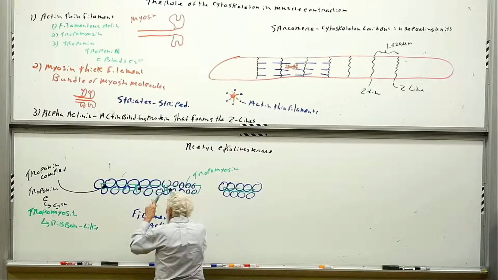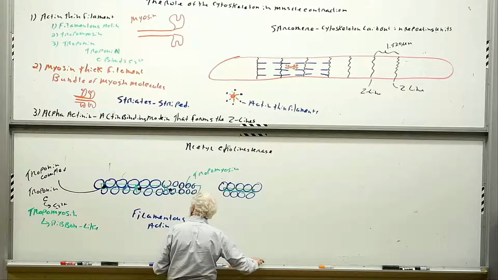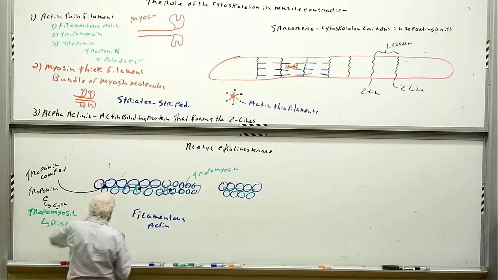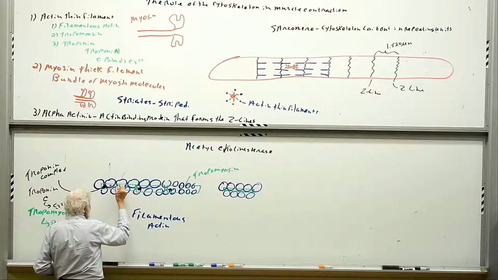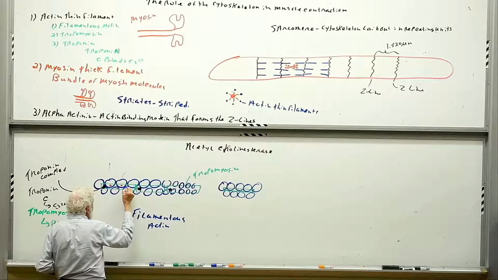Now, if we go back to this image, we find that each one of these actin monomers contains a binding site on it. And I'll put this as a red dot.